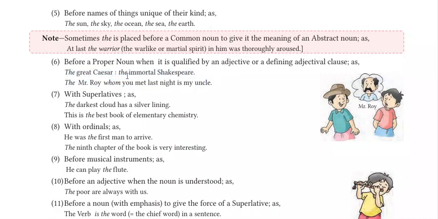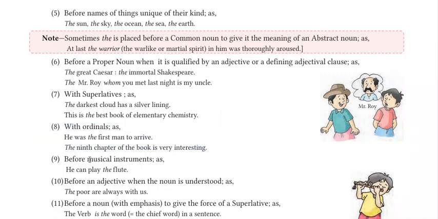Sometimes we say the poet of the East, right? The Mr. Roy whom you met last night is my uncle. With superlatives as well, for example the darkest, the brightest, the warmest, the best, right? With ordinals, the first, the second, the third. The ninth chapter of the book is very interesting.